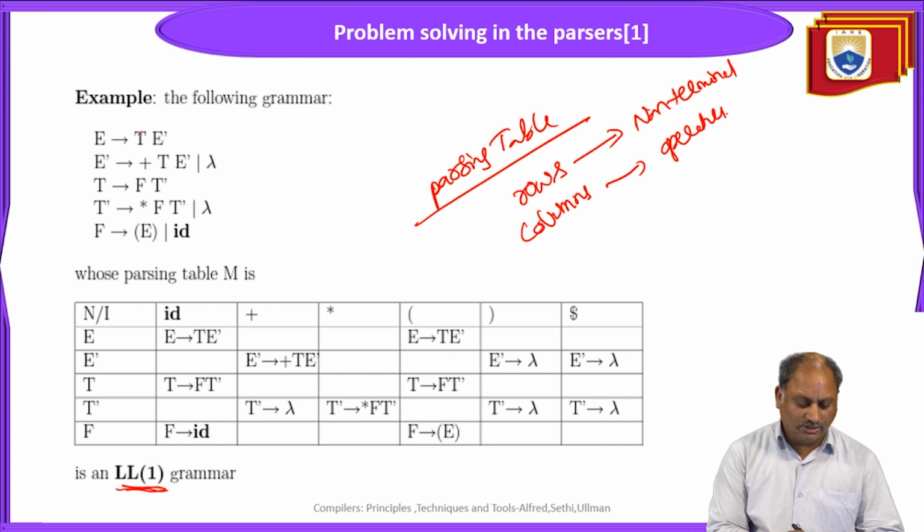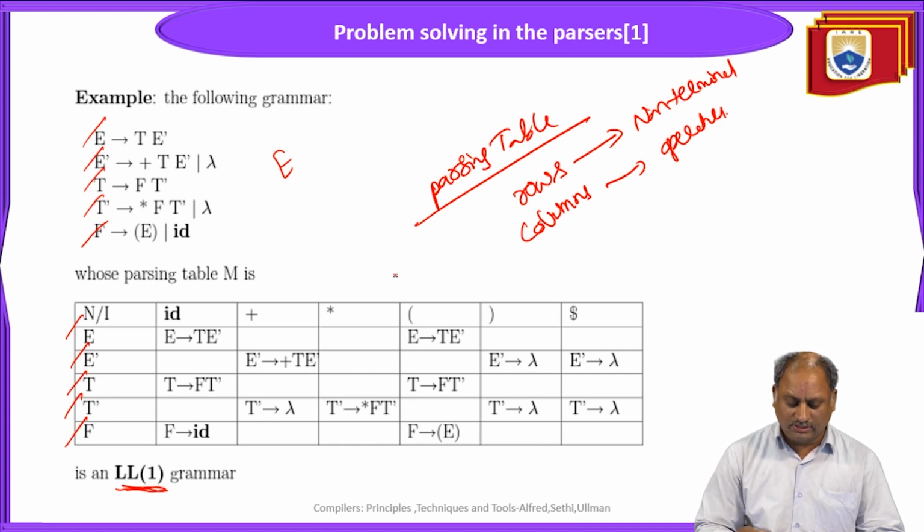So in this example, what are the non-terminals available as the left hand side of the expressions? Capital E, E dash, T, T dash, F. So we are going to write capital E, E dash, T, T dash, F row wise.